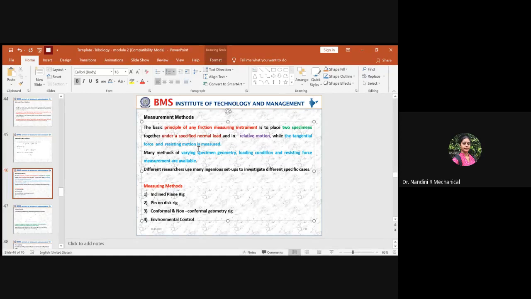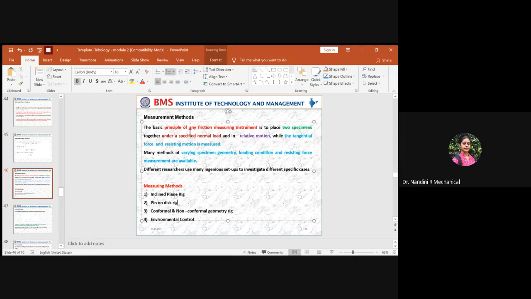Resisting motion mainly depends upon the material you are using to make your specimens. So based on its resistivity, you will determine the resistive motion when subjected to some load, okay? And also we evaluate the tangential force. So this is the main concept we need in order to evaluate the coefficient of friction of any given specimen.